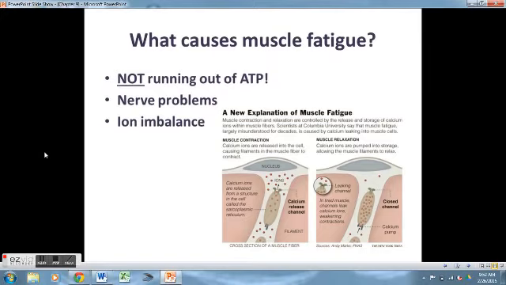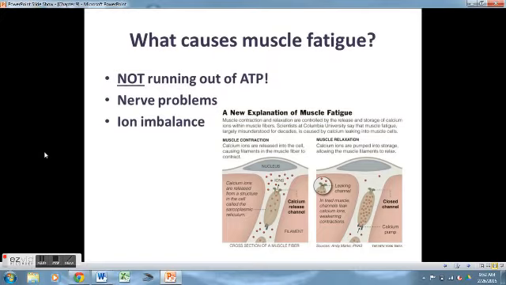Sometimes it can be nerve problems, which is kind of like a disease situation, but often it's this calcium issue. It's the issue of calcium could not get pumped back into the sarcoplasmic reticulum fast enough, causing your muscles to be fatigued, or maybe you are just low on calcium in your blood, which has caused an issue there. So you're not ever going to run out of ATP until you die.